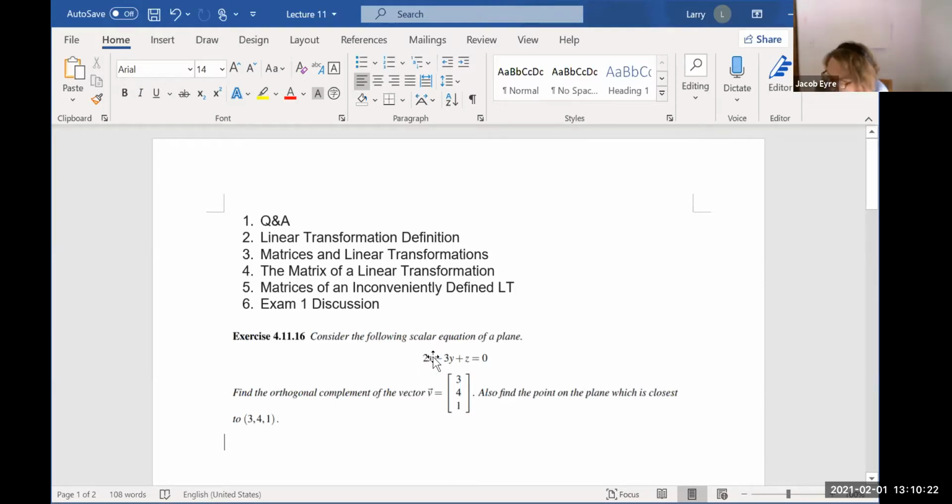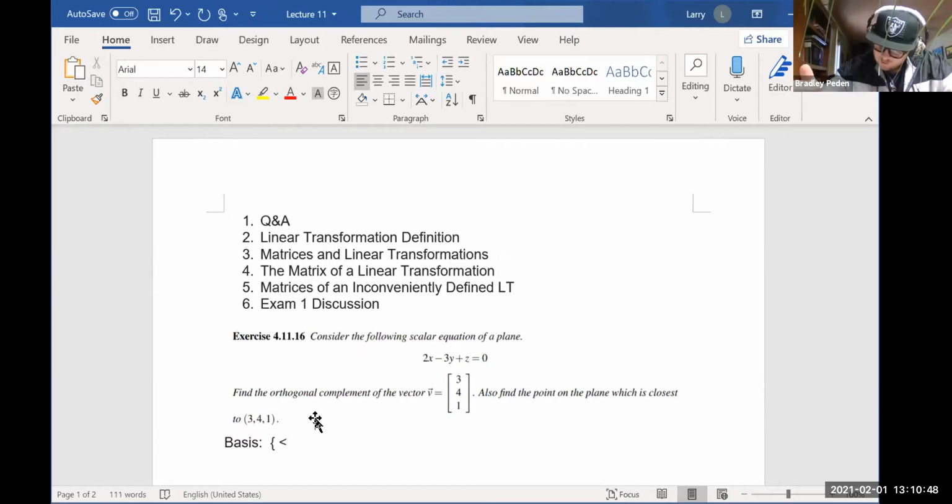So to get a basis, and I kind of did an example on Friday, but I don't know if you remember. What did we do to get a basis? Do you remember? We plugged in some points and found some vectors.